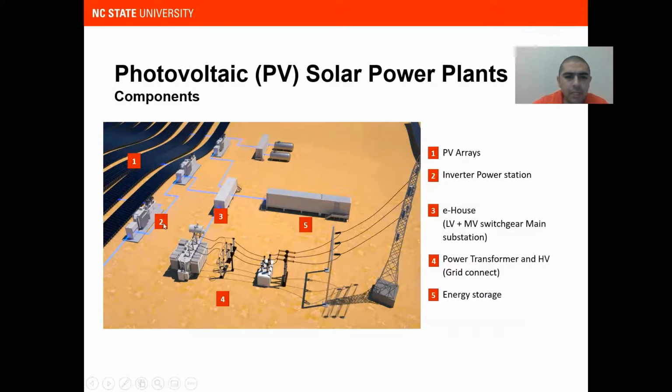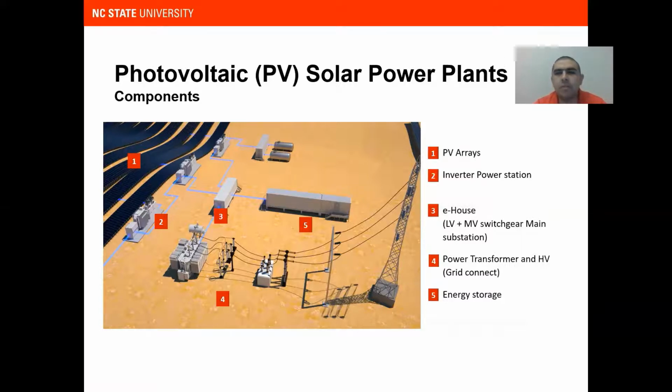Number four is the power transformer. It converts medium voltage to high voltage to deliver the power to the grid. Number five is the energy storage system. Most PV systems around the world have an energy storage system, but energy storage is not part of this training.